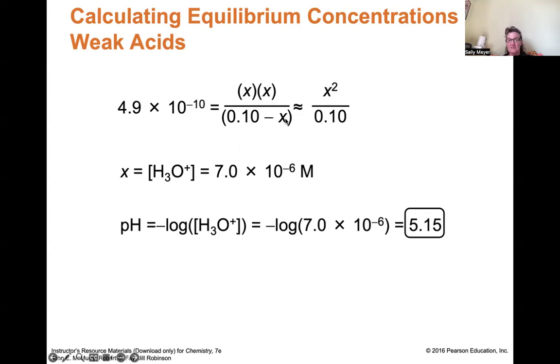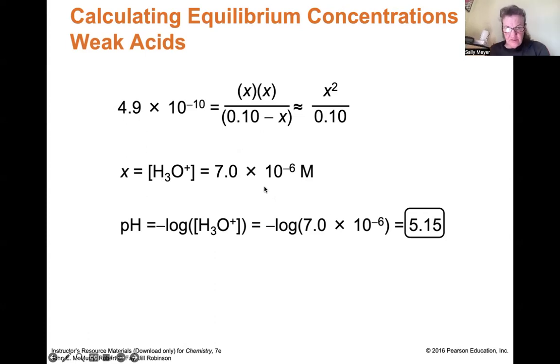We're going to say if I subtract X from 0.10, and because it doesn't dissociate much, I'll still have about 0.10. We can check and make sure that's an accurate approximation as we go through this calculation. So that allows us to say it's X squared over 0.1. Then that's really easy to do that math. You just multiply the Ka by 0.1 and take the square root.